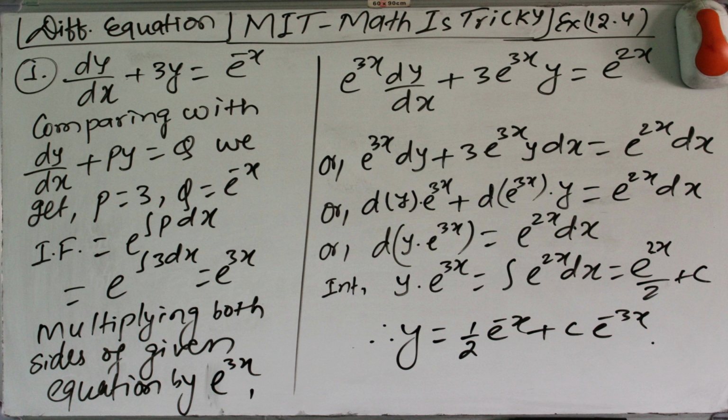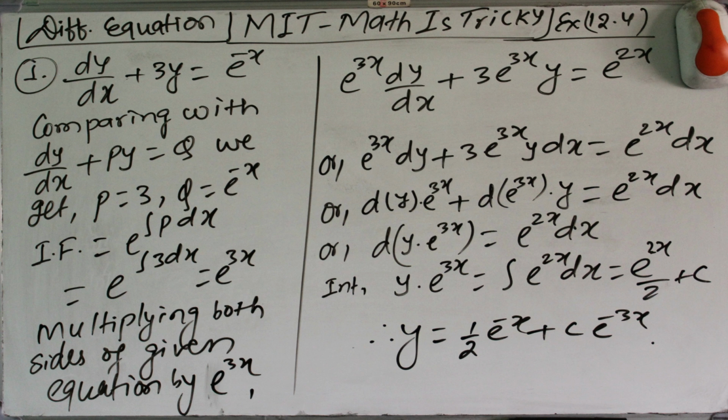Taking the LCM, we get e power 3x into dy plus 3 into e power 3x into y dx equals e power 2x dx. Now we can see that the left-hand side is the differential of y into e power 3x and the right-hand side is e power 2x into dx.